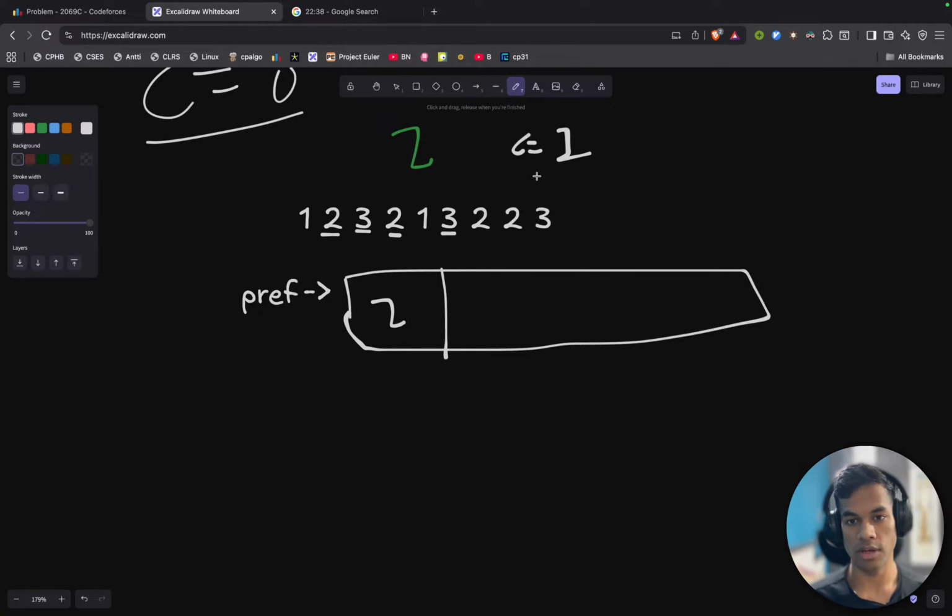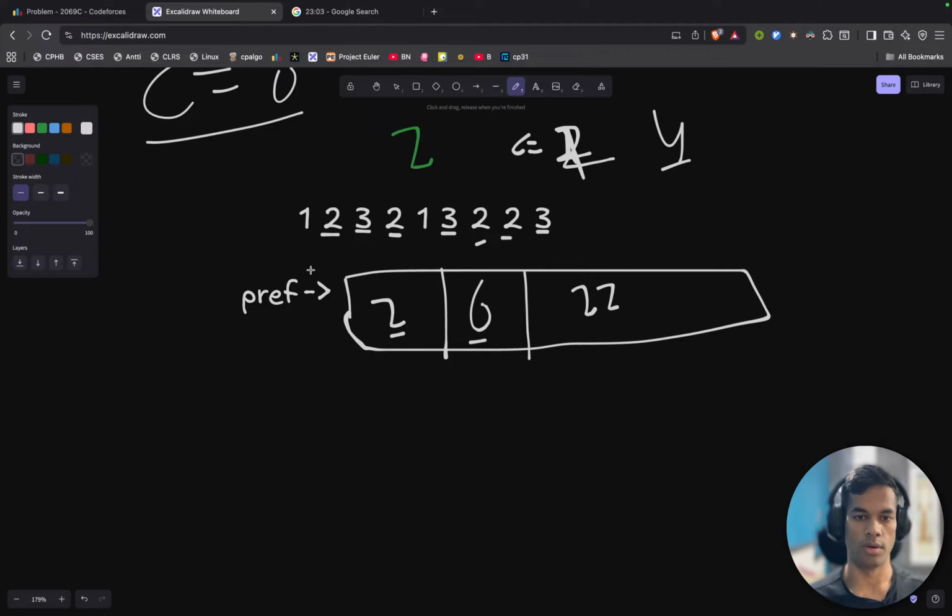When we see a new 3, our counter is 2 right now, so 2 power 2 plus this number, 4 plus 2, 6. Okay, and then we get to this thing, and we have seen 2 new 2's, so counter is 4, and 2 power 4, 16 plus 6, 22. Cool.